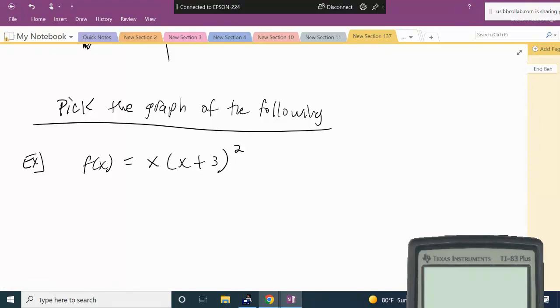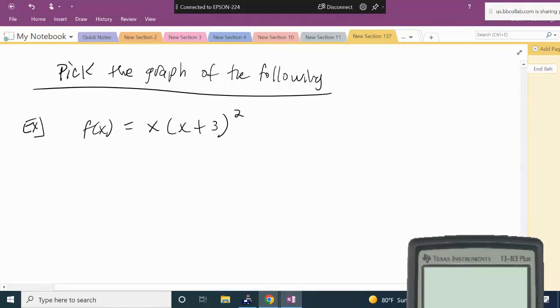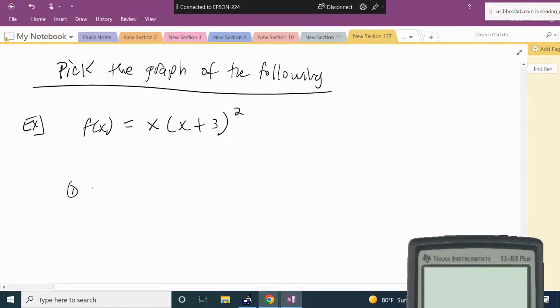And I'm not actually going to draw all of the graphs. Okay, but we're going to be able to pull some things out about the equation itself. Okay, and we're going to make a rough sketch of the graph. All right, so the first thing I'm going to do is we're going to find the zeros.